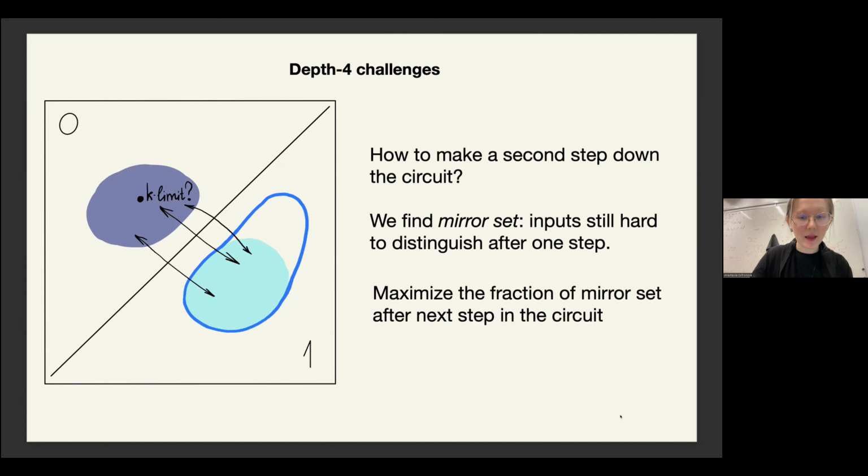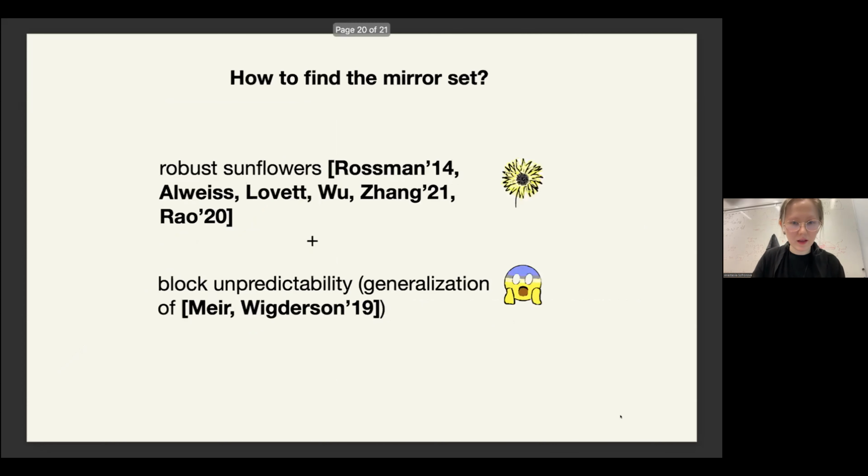Anyway, the question is, how do we find such a mirror set and how do we exhibit a k-limit after? This is the technical part, and about that I will talk in the second part of the talk. But the two techniques that we use are robust sunflowers and block unpredictability. And this is our generalization of Meir and Viktorson's result.